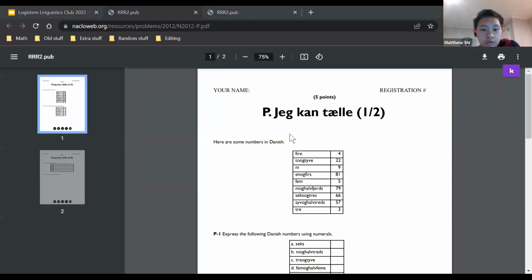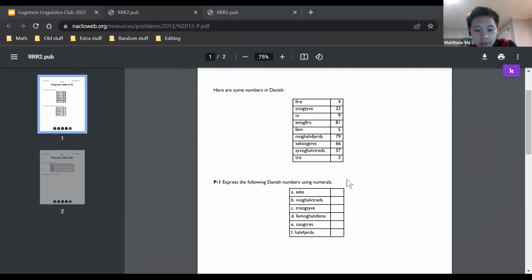Okay, so the link to the next one is here. I'm not going to read the title, I don't speak Danish. So here are some numbers in Danish. Of course, I'm not going to say them, I don't know how to pronounce them, and I don't want to offend anyone who does know Danish. Look over the table yourself, and then express the following Danish numbers using numerals.